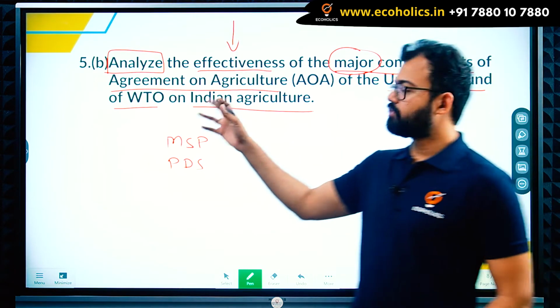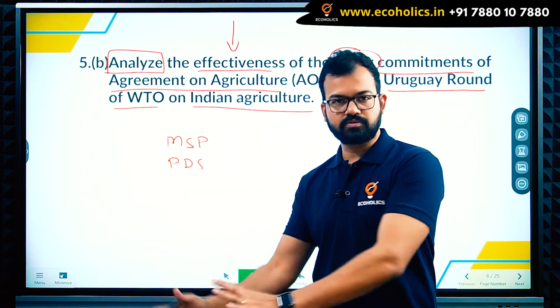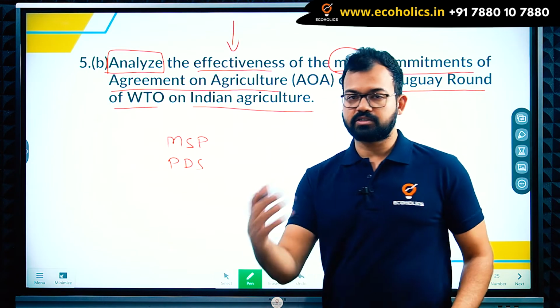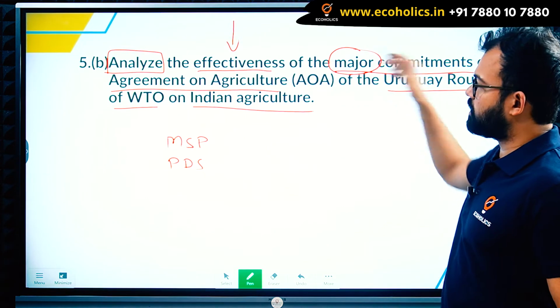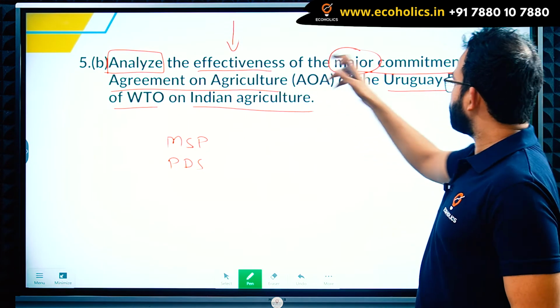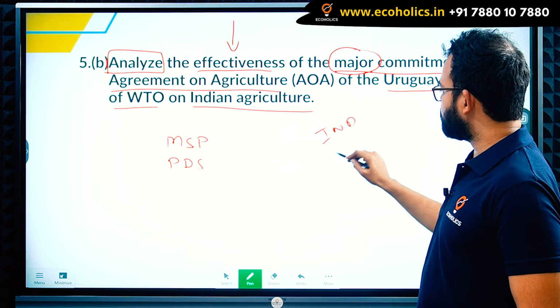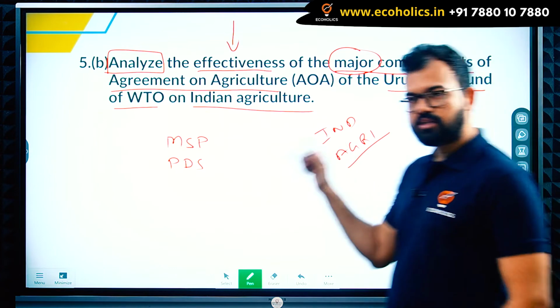So in the Agreement on Agriculture, a lot of things were mentioned: India should provide only this much subsidy, this is not allowed, or green subsidy is allowed, research and development. There are a lot of things. So you have to analyze effectiveness from the perspective of Indian agriculture. Do not write anything which is not related to Indian agriculture. So these are the things that you have to write.